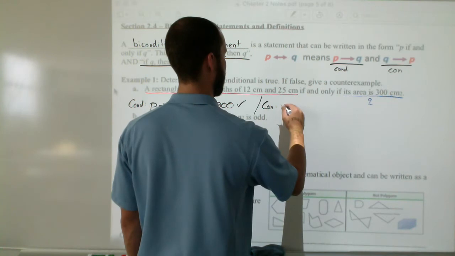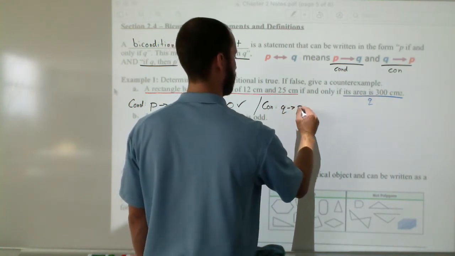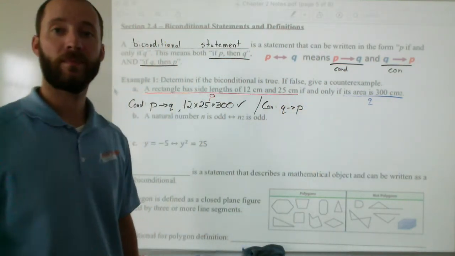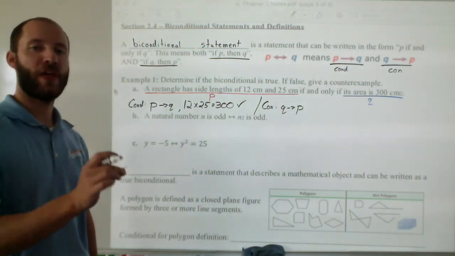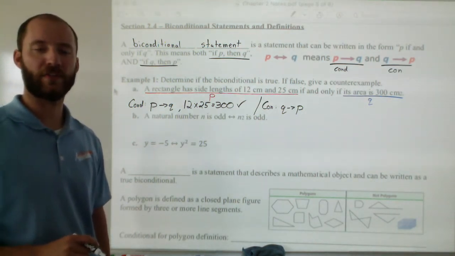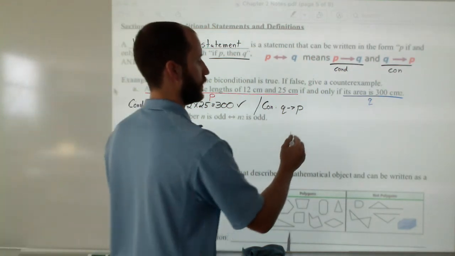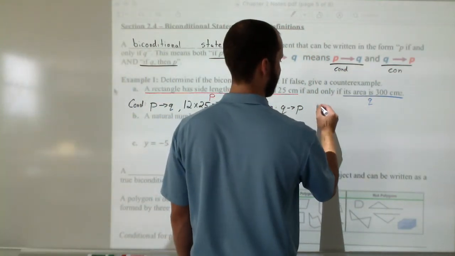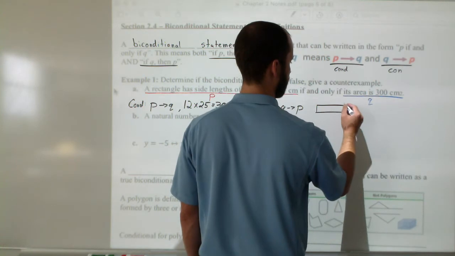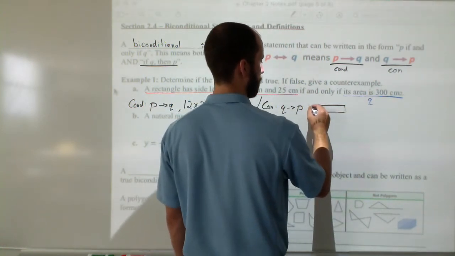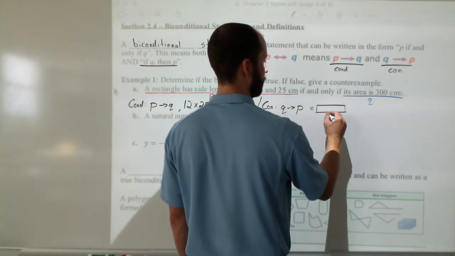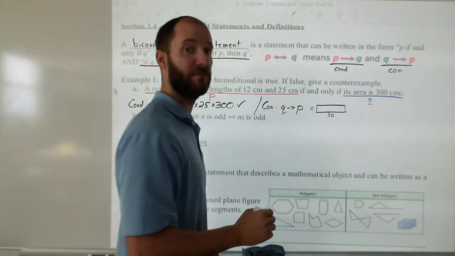Now let's look at the converse. If Q then P. So if the area is 300, then the side lengths are 12 and 25. Well, I think that I could draw a rectangle that is 10 by 30.